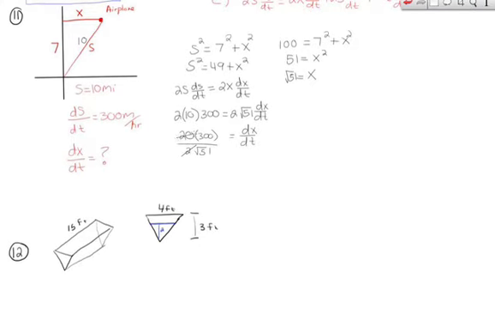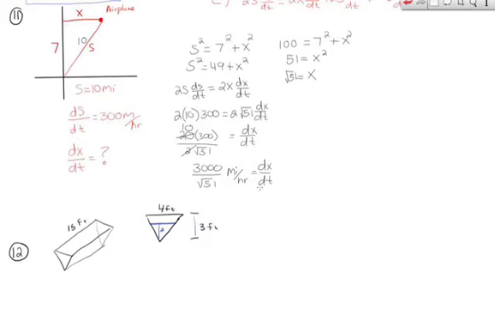The 2 and the 20 reduce to be 10. So I get 3,000 over the square root of 51, and that would be in miles per hour. That's what dx dt equals.